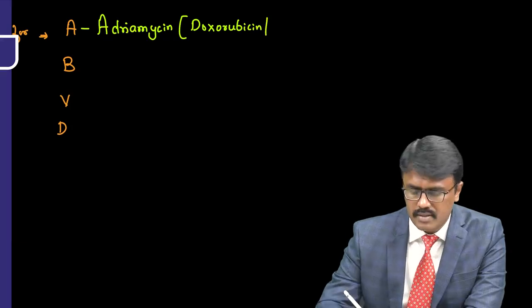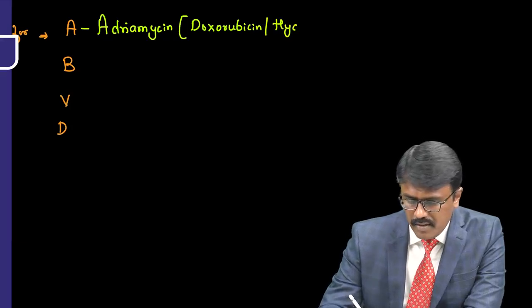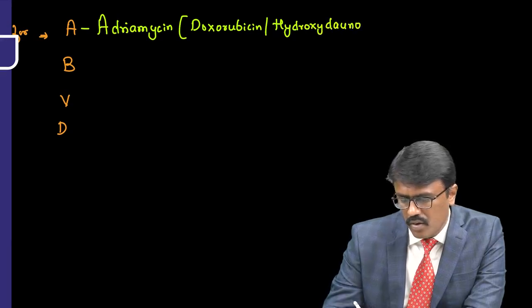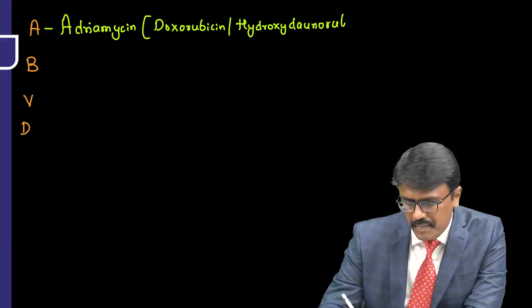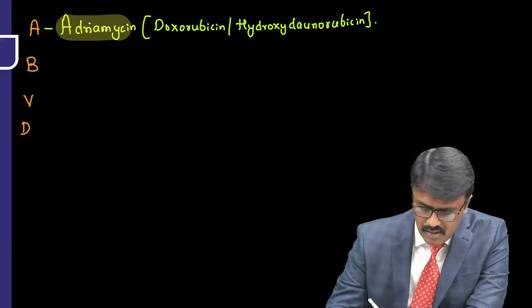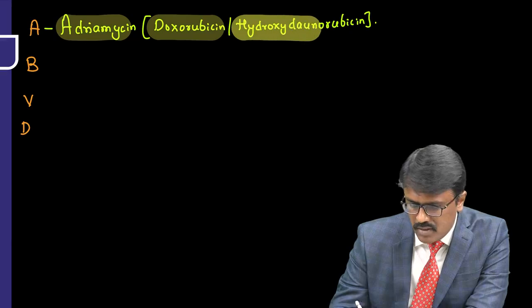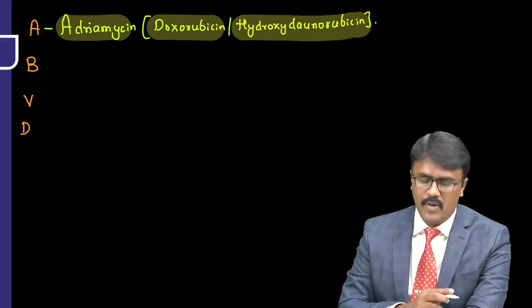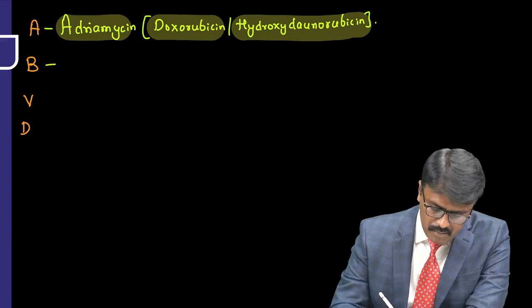It is also called hydroxydaunorubicin. So one drug has this many names. It is also called adriamycin, doxorubicin, also called hydroxydaunorubicin. Okay. B for bleomycin.